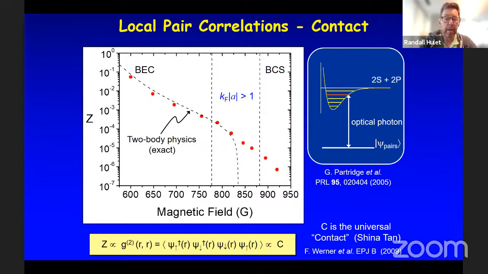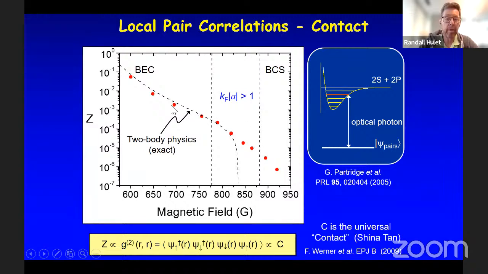Right at 832 Gauss, the scattering length diverges, going from plus infinity to minus infinity. The strongly interacting regime, defined by the Fermi wave vector times the scattering length being greater than 1, is marked by these vertical lines.